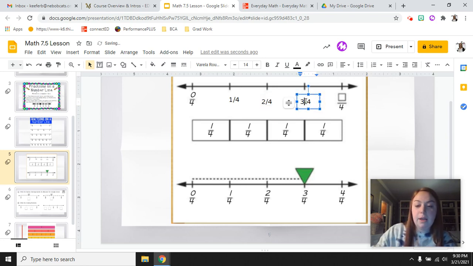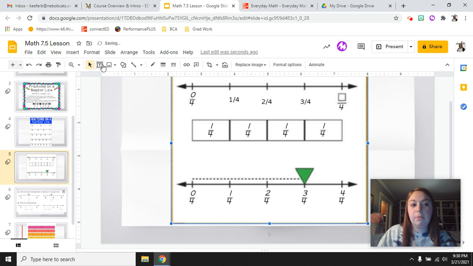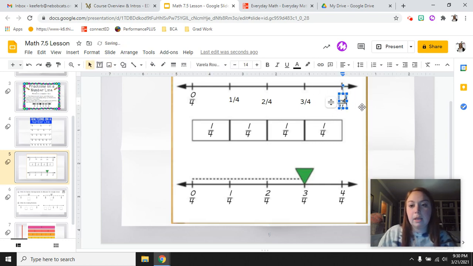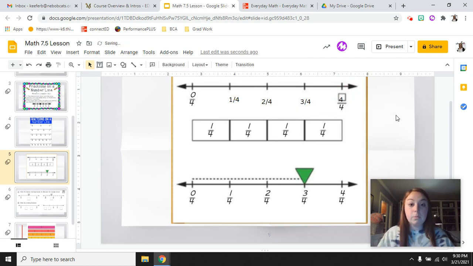If I had 3 of them filled in, that would be 3/4. And then what would 1 whole be? It would be 4/4, or 1. So this one could be listed as 0, this one could be listed as 1, but these are the fractions in between 0 and 1.